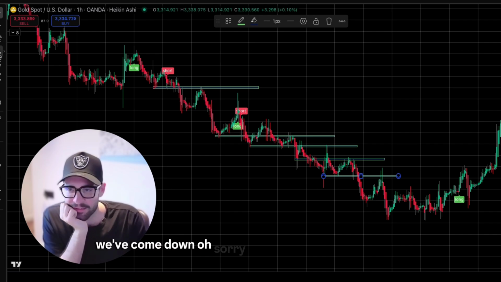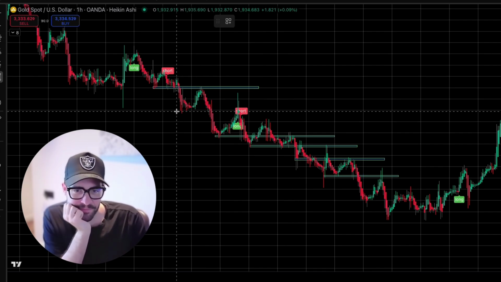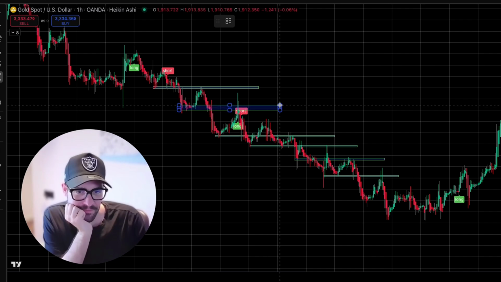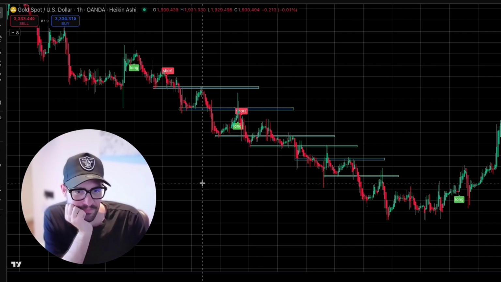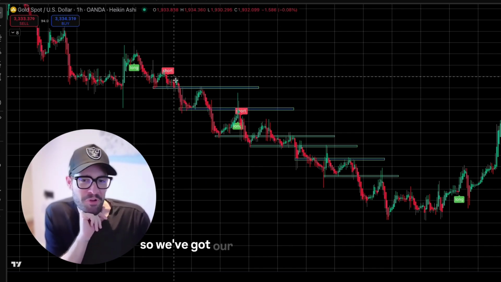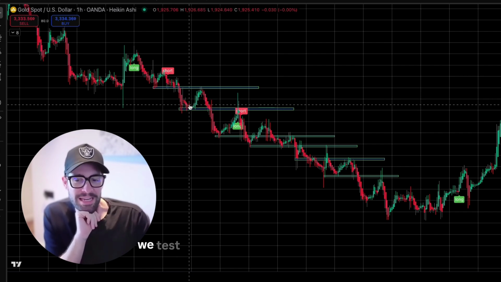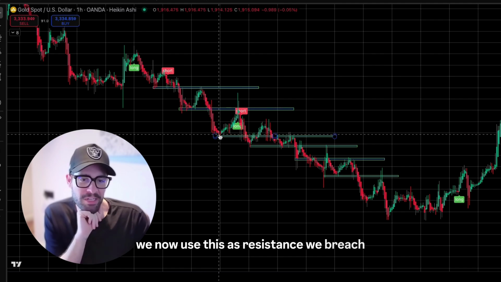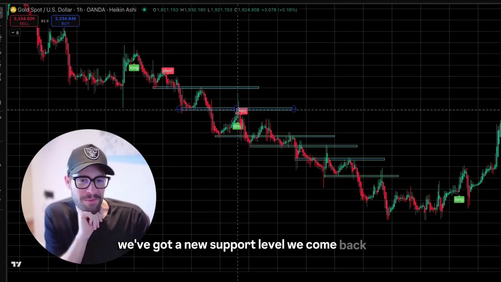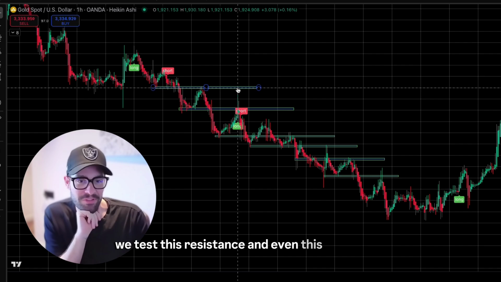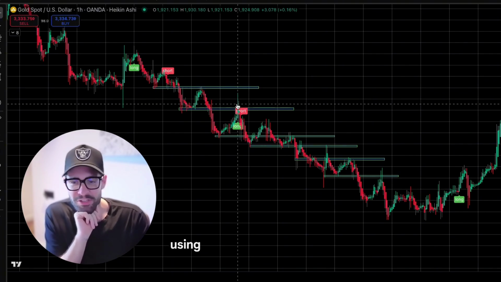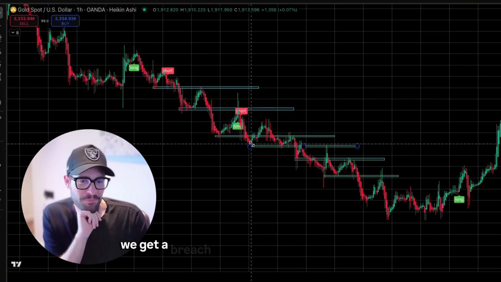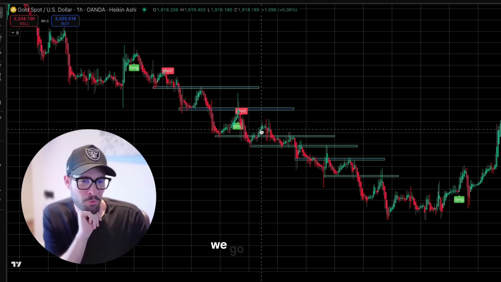We've come down, oh, sorry, I forgot to mark this one up. So we've got our breach, we come down, we test this support level, we go back up, we now use this as resistance, we breach, we've got a new support level, we come back up, we test this resistance and even this resistance, depending on whether you want to measure it using the candle or the wick. We get a breach, we've got a new support level, we go back up.